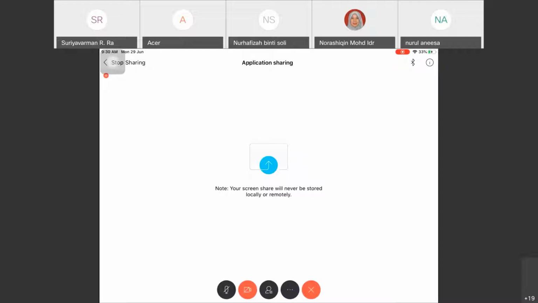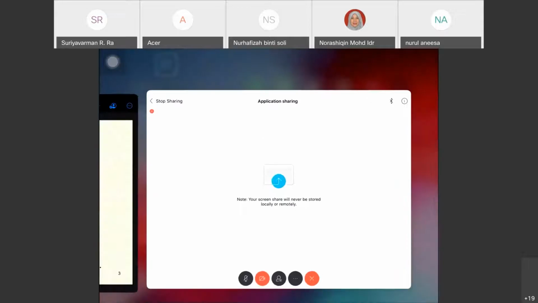Tak apa, dapat sikit pun tak apa. Ada sesat.